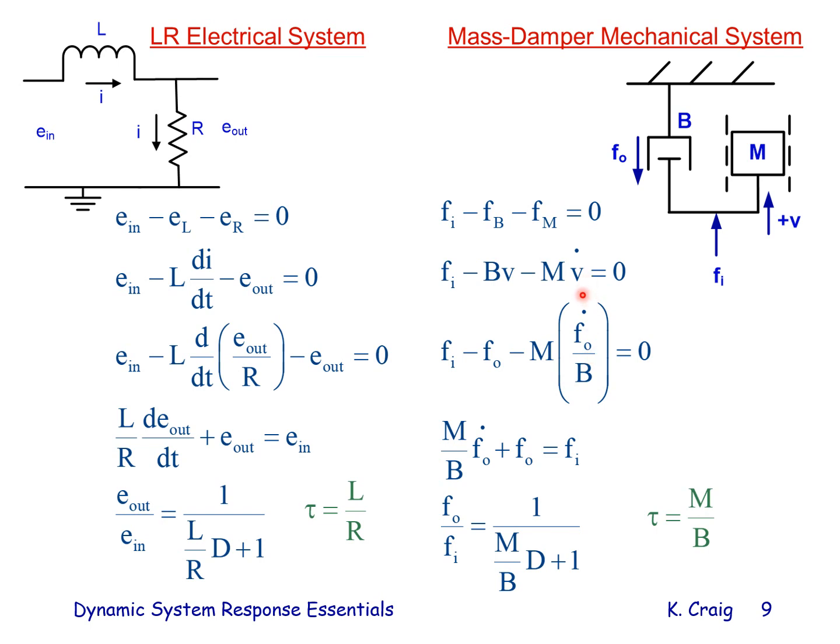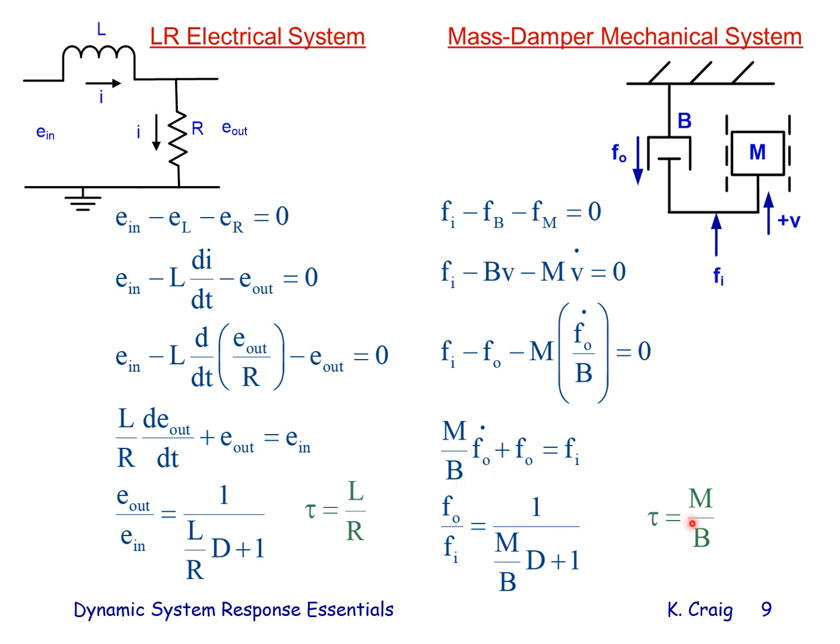And so F out dot, the derivative of the force in the damper, divided by B, is my V dot, because F out is equal to B times V, and F out dot is B times V dot. And BV is F out. So if I reorganize this equation, I get my ordinary differential equation with constant coefficients.